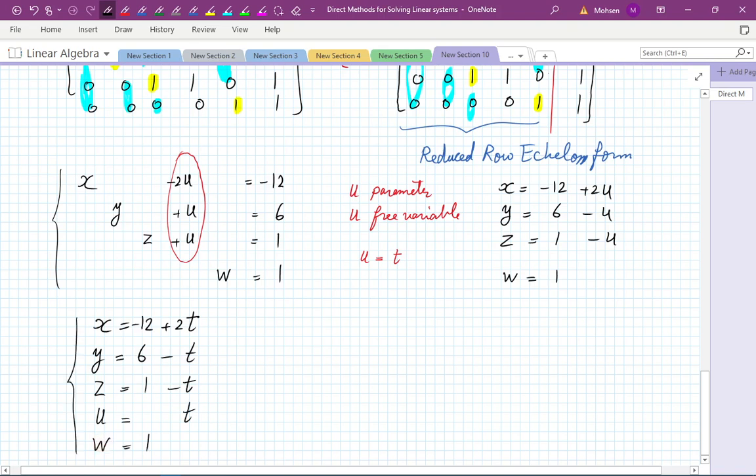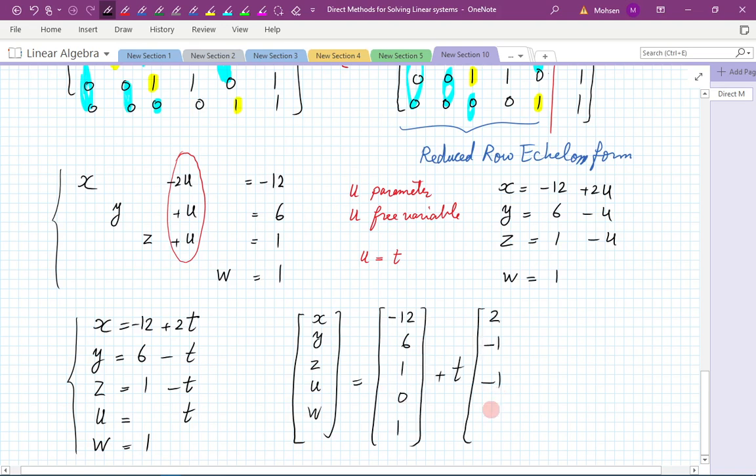That is our solution. So when the textbook asks for solution, x, y, z, u, w is equal to, we have a constant set of numbers, minus 12, 6, 1, 0, and 1. And then we factor a t out of the rest of them, and we have 2, minus 1, minus 1, 1, and 0. So here's our solution.